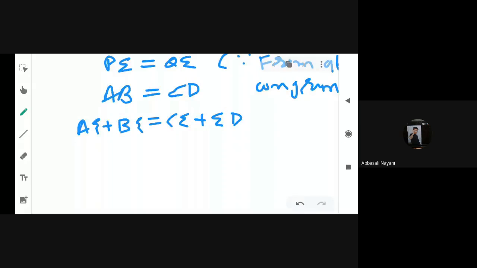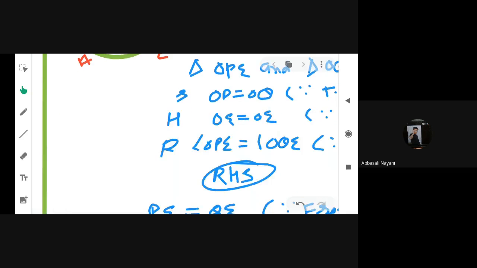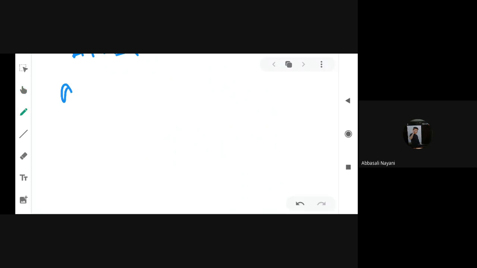Now only the last step is left. In this AE, PE, and in this EE, QE is common. So if we subtract this part PE and QE, then this part AP and DQ are equal. So we subtract this part again. Not AB, but EE is equal to DE.